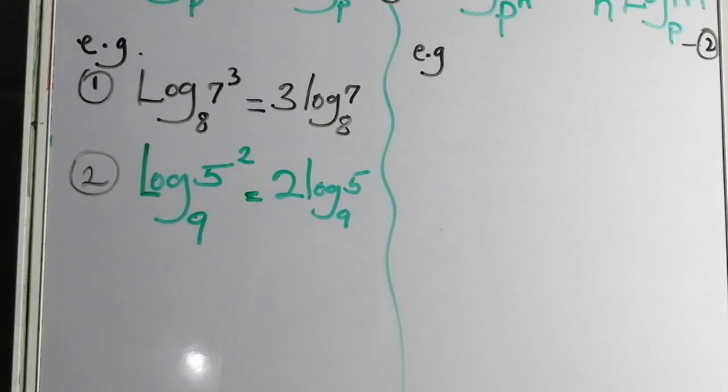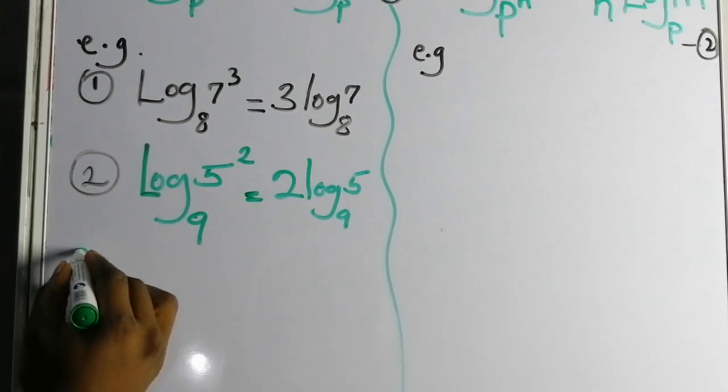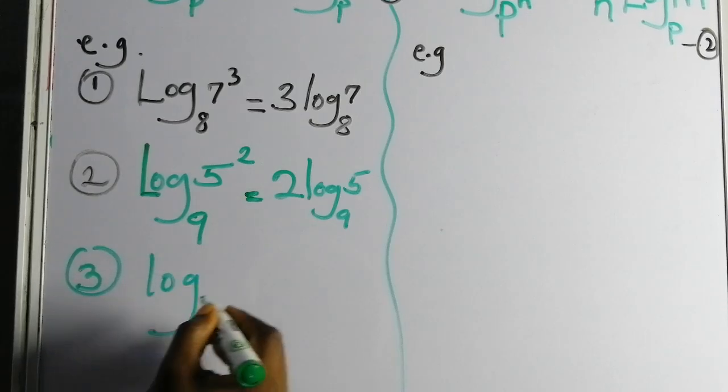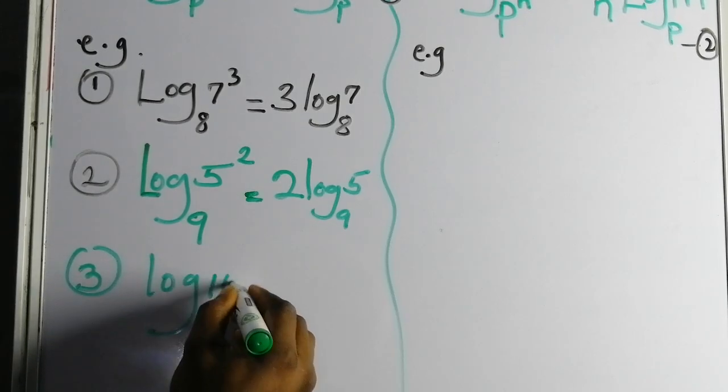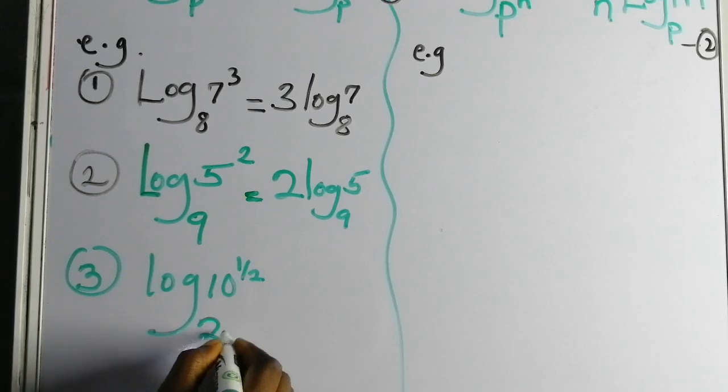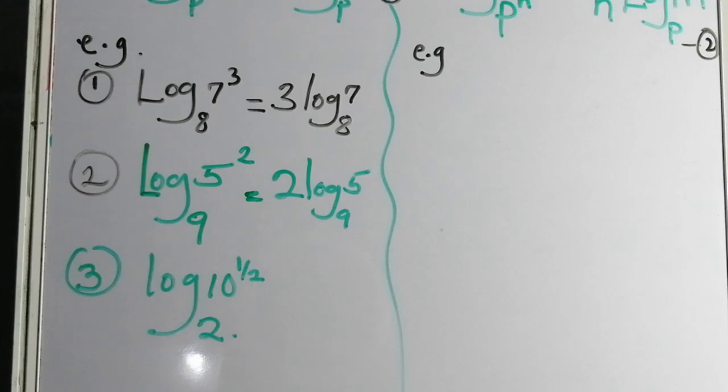If I give an example, let's say example number 3, I can say log 10 raised to power half base 2. At the end of the day, we follow the same procedure.